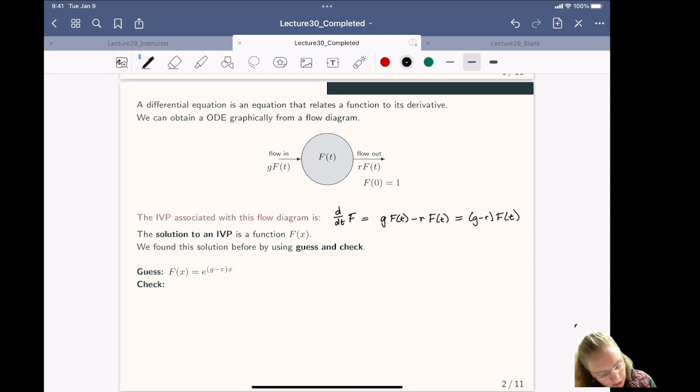All right, now to get the rest of the initial value problem, we also have to include the initial condition where at time 0, the state variable f is equal to 1.